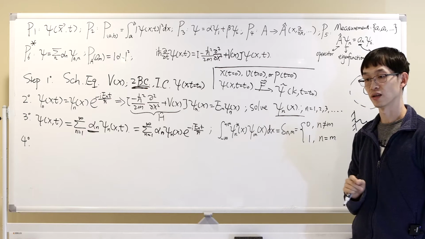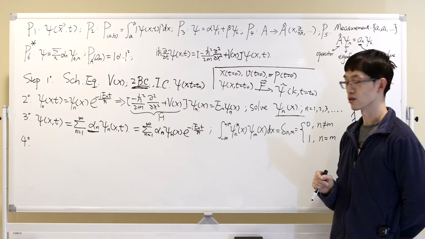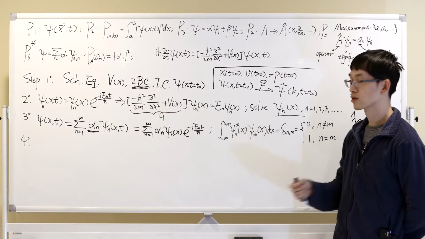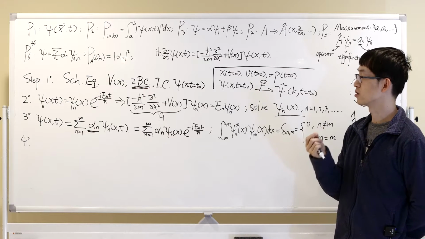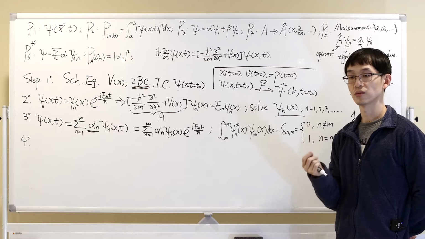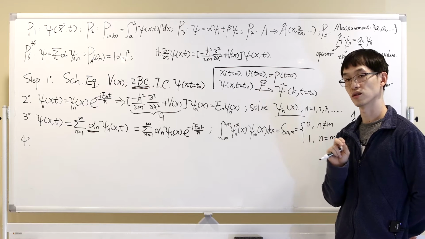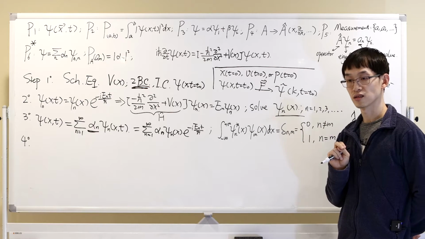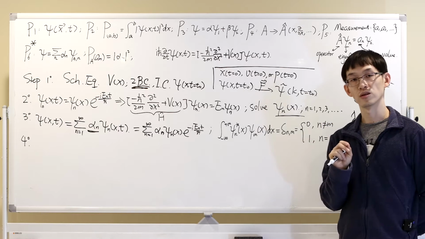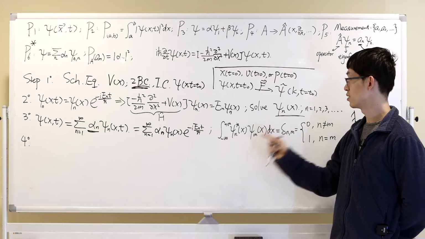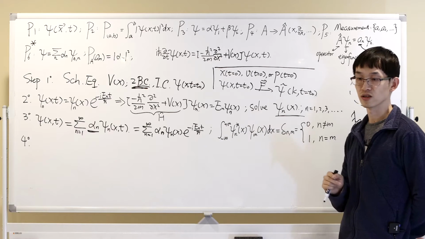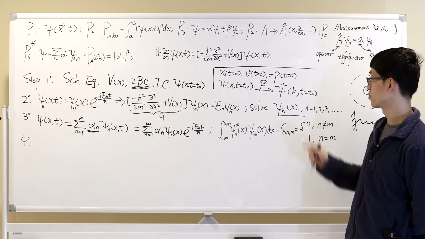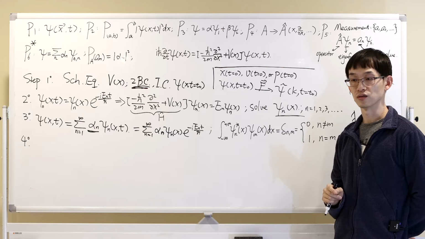This is how we get the definition of the inner product. Orthogonal is defined the same way as for vectors: if the dot product of two vectors is 0, then we call them orthogonal. It's the same for wave functions: if the inner product of two wave functions comes out as 0, then we call them orthogonal to each other.